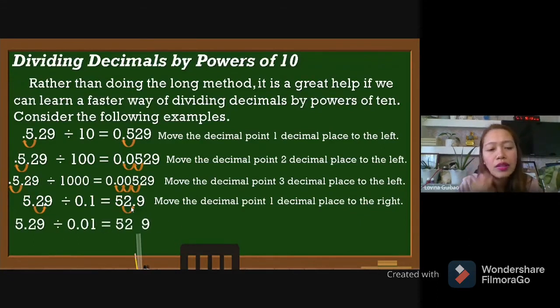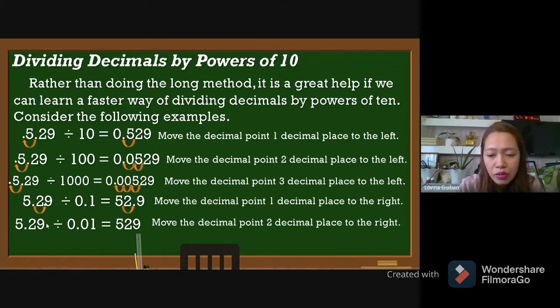How about this one? 5.29 divided by 0.01. Okay, this is a decimal number. Again, kapag nagsusolve ka, nagdi-divide ng decimal number na nasa powers of 10, tingnan mo ang digit. Ilan ang decimal numbers dyan? 2. So, 2 rin ang movement ng decimal point papuntang kanan.